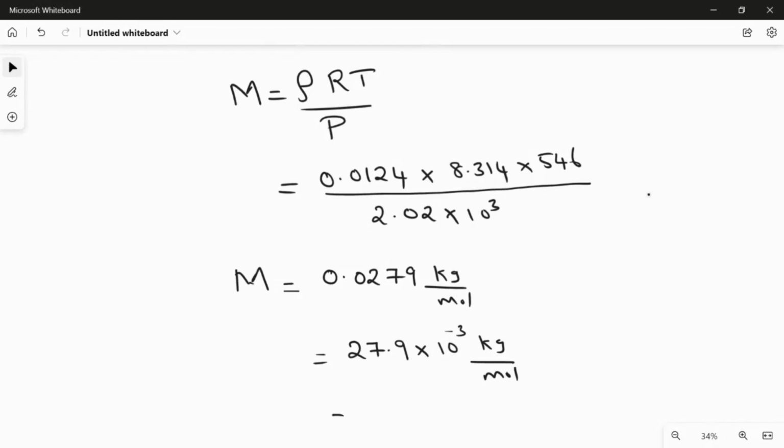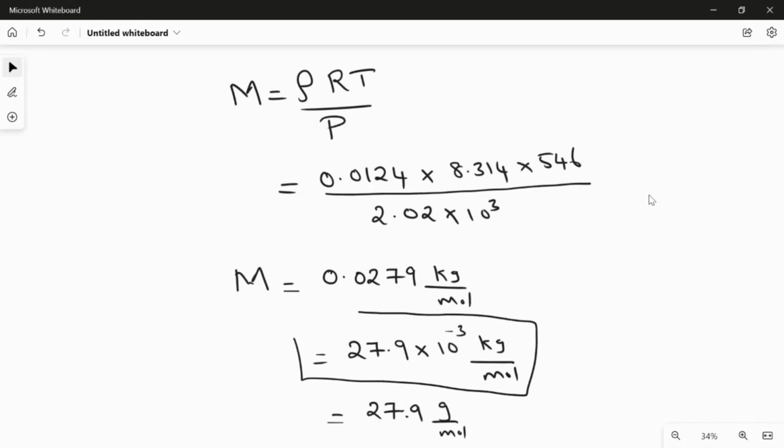Or if you want to write it in terms of gram per mole, it is 27.9 gram per mole. Clear? So the three answers are right. You can use any one, but we have to find what the gas should be, right? So let's take the value in terms of kilogram per mole.